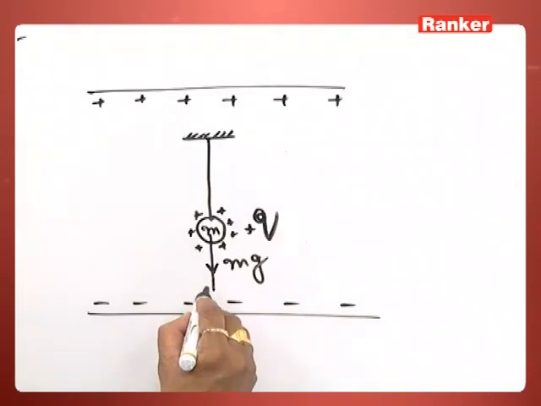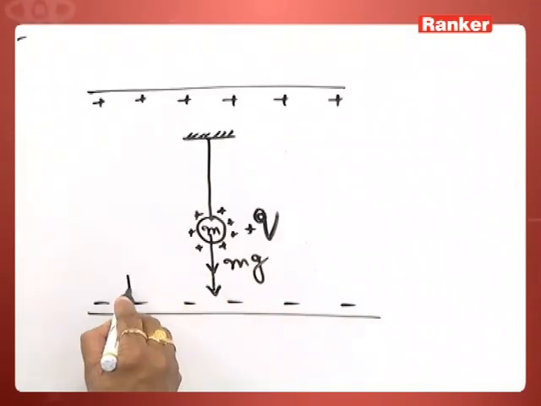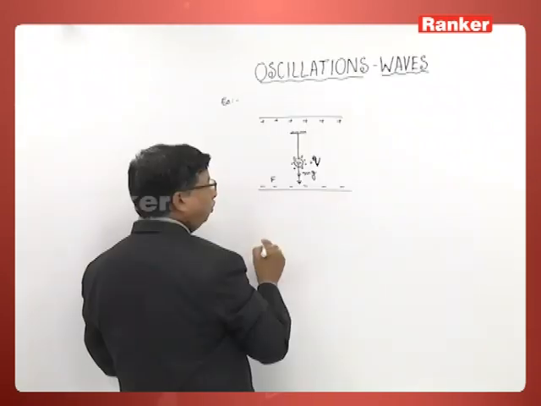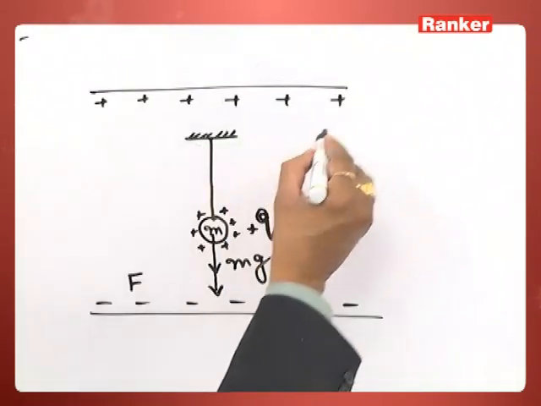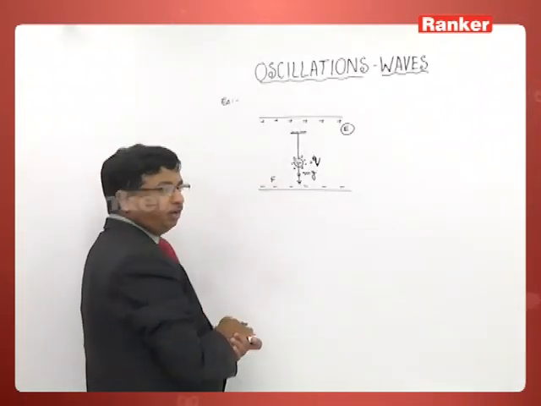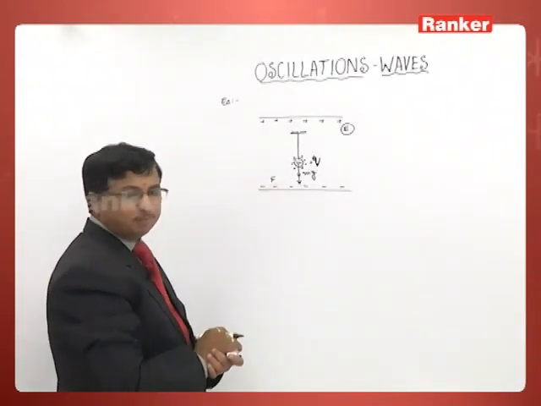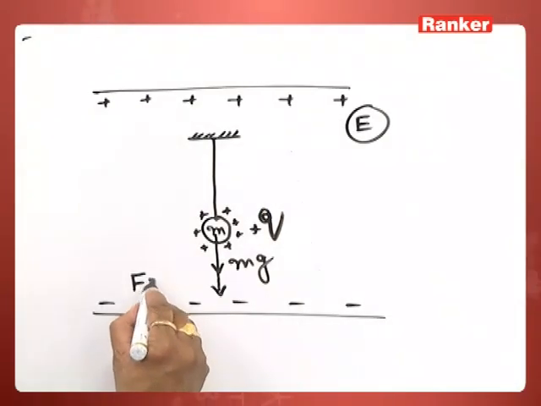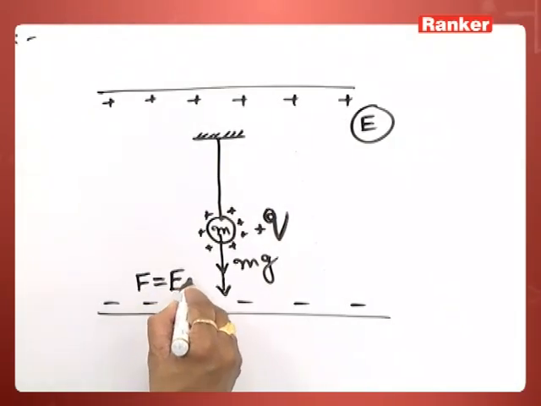In addition to that, there will be a force due to this electric field. If I consider electric field strength as E, then I can write the force on this bob becomes EQ.